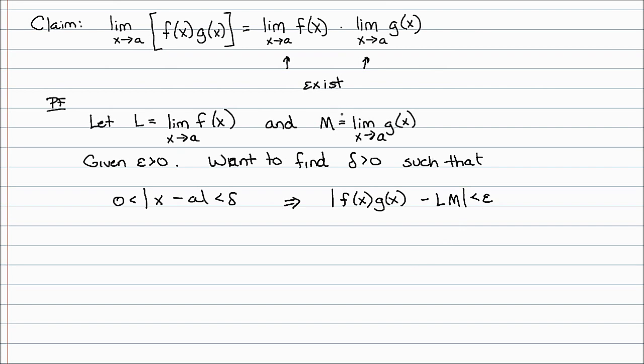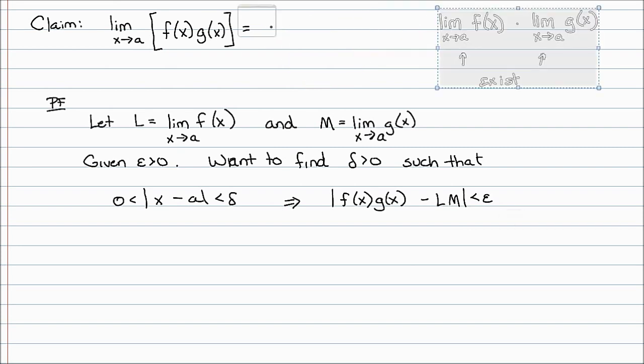Now you might say, wait a second, I don't see how that adds up to that. Well, remember, our claim is that the limit as x approaches a of f times g is equal to the limit as x approaches a of f times the limit as x approaches a of g. So I moved over that statement, and we've said we're going to let L equal the first limit, and M equal the second. So we're really just trying to show that the limit as x approaches a of f times g is equal to LM.